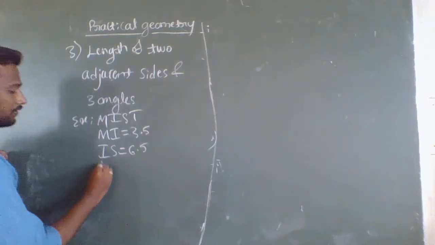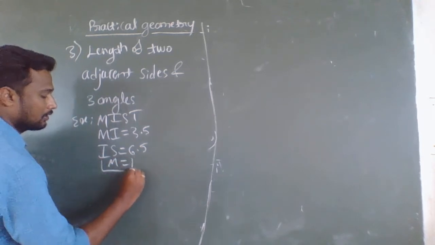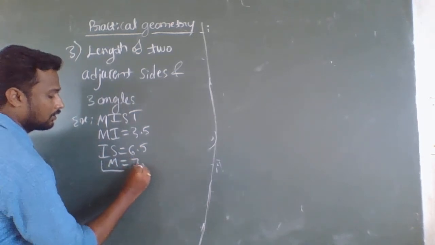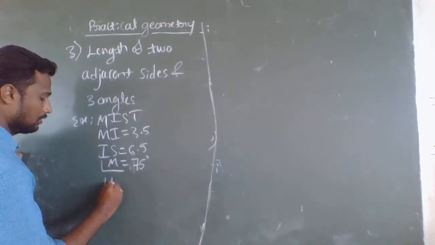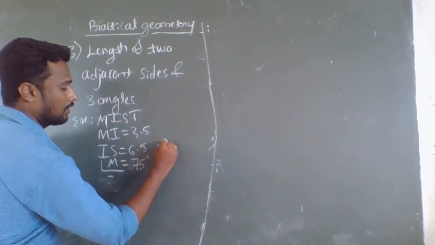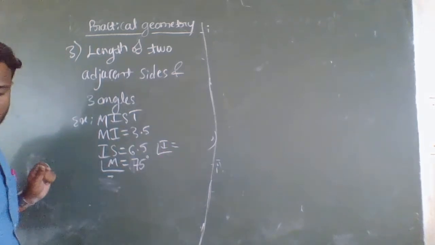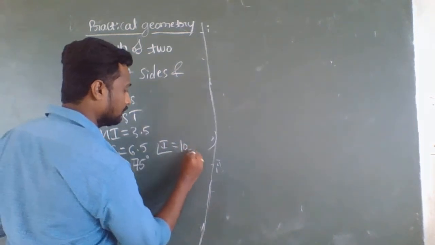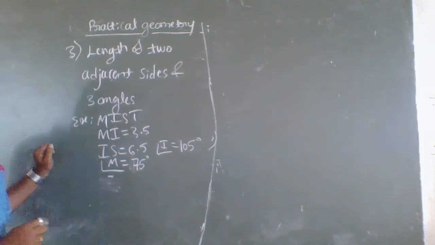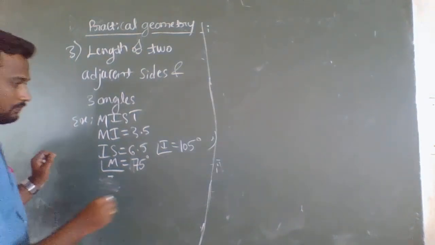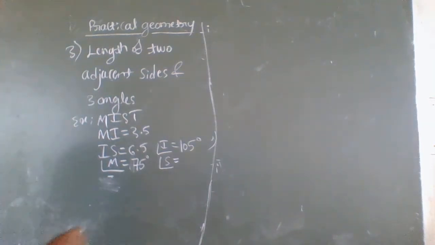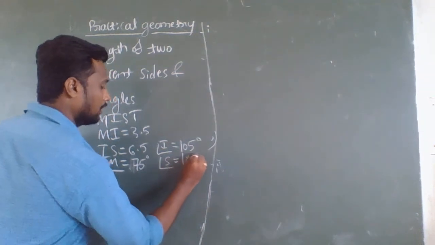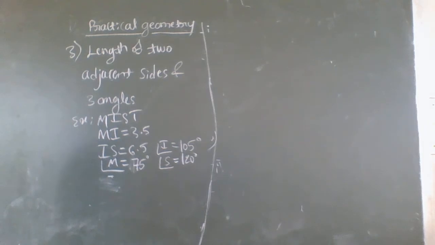Angle M is 75 degrees. Angle I is 105 degrees. Angle S is equal to 120 degrees. So now I will draw a rough diagram.